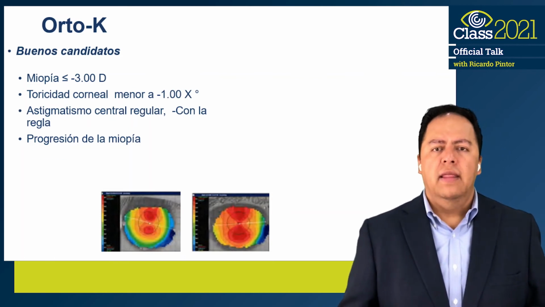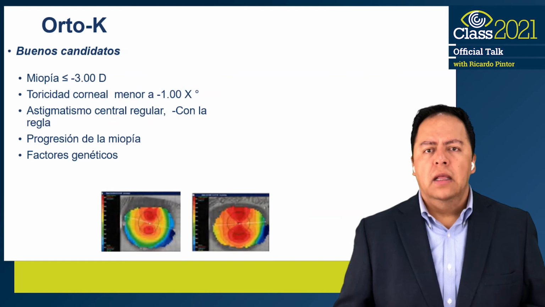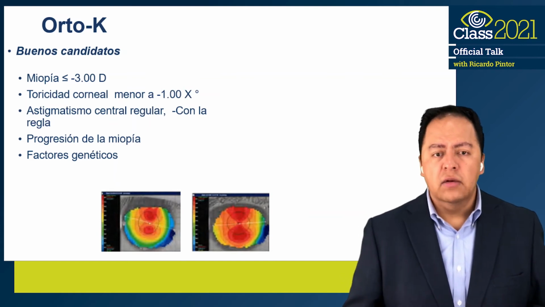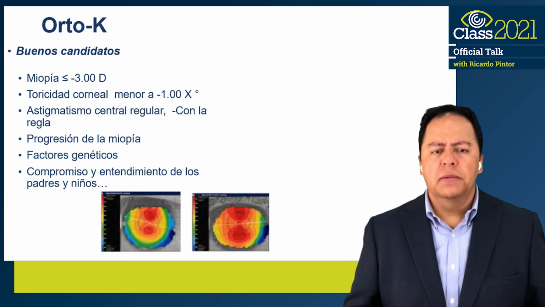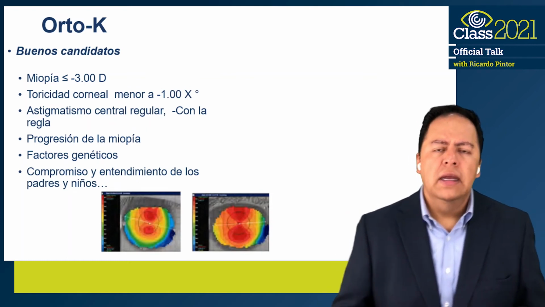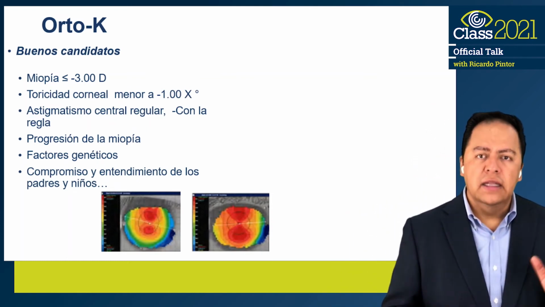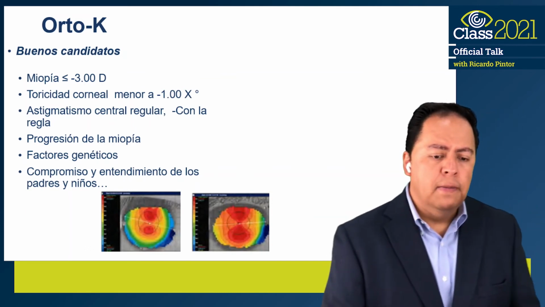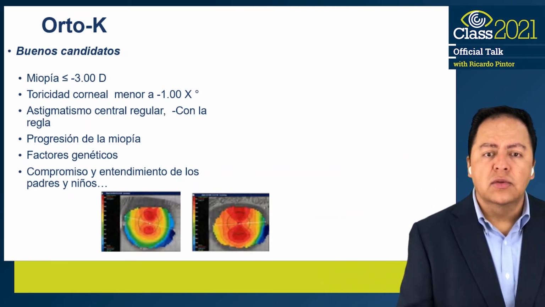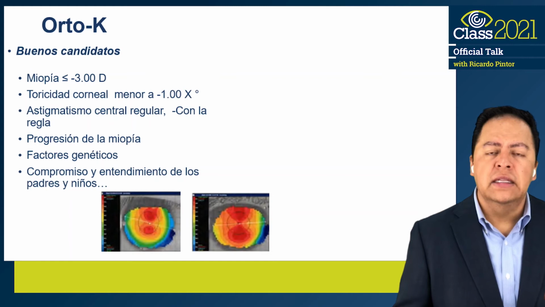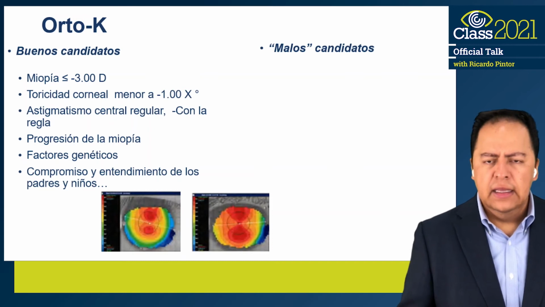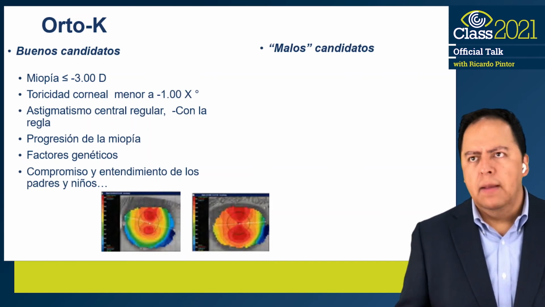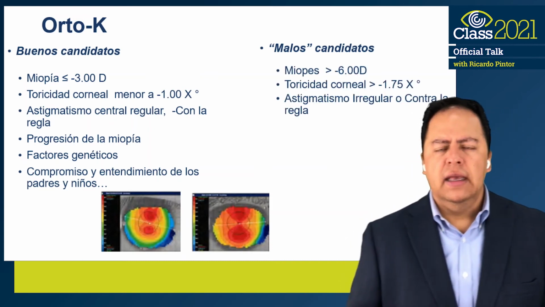Also a progression of myopia, because parents will be more interested and they will be able to see the effect more. Of course, due to genetic factors, we also need to know how it is developing. But the main principle is that parents who are attentive, who follow their children and accompany them, are going to be very good candidates because they understood the technique.